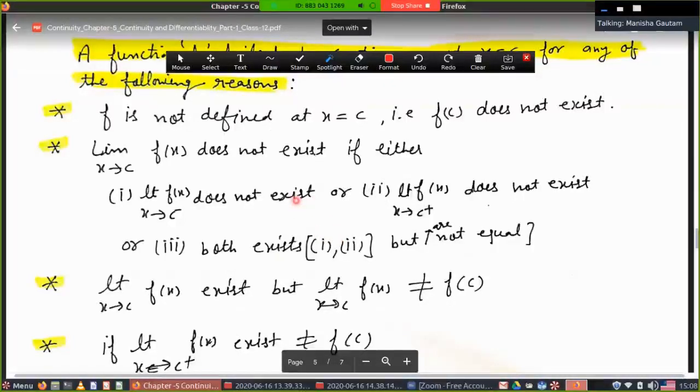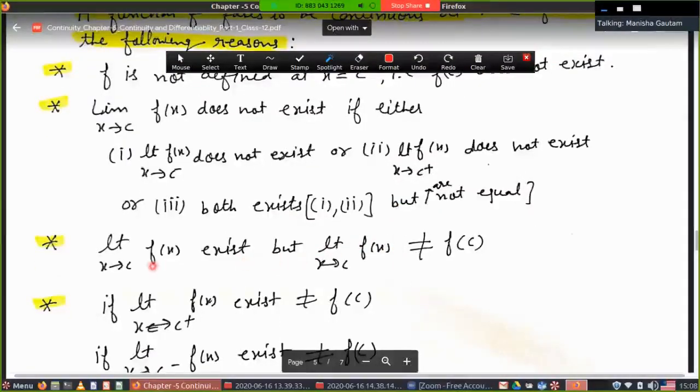In that case you will say the function is not continuous. In the third case, if both limits exist, left hand limit and right hand limit, but both values are not equal, then you will say that the function is not continuous.